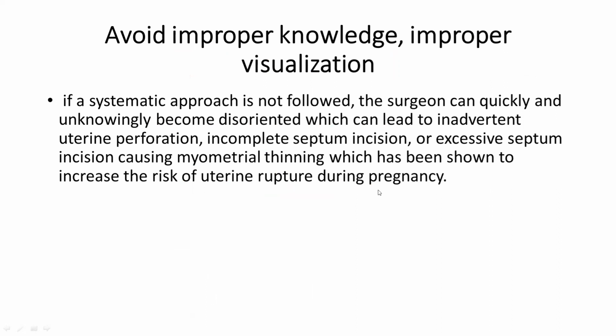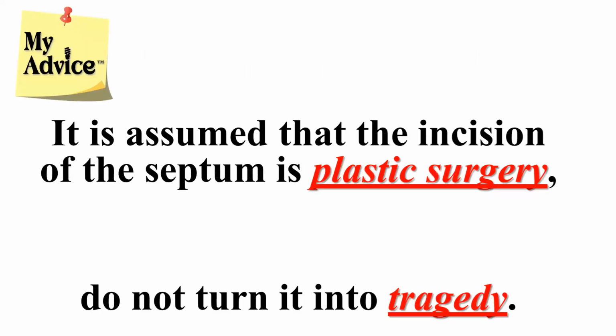Avoid improper knowledge, improper visualization, incomplete septal incision, perforation, and excessive incision that can lead to thinning. All these are due to poor visualization, poor knowledge, and the poor learning curve of the surgeon. Consider associated pathologies and anomalies by proper preoperative assessment of the uterus, and sometimes intraoperative monitoring by diagnostic laparoscopy.